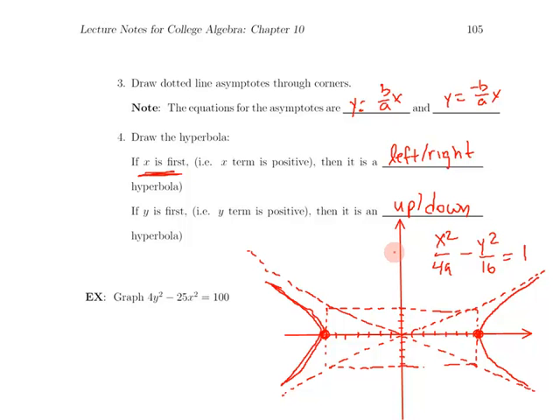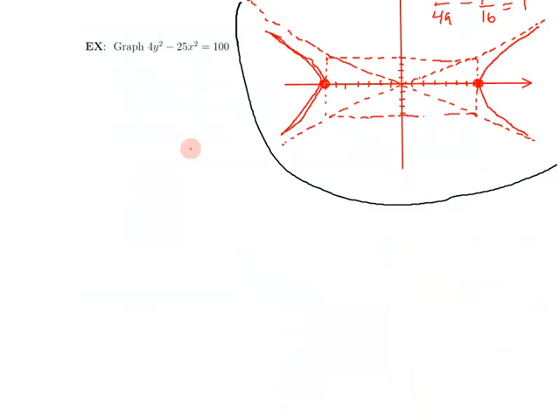Let's do one more example just for practice's sake. In this problem, we have 4y squared minus 25x squared is equal to 100. The first step is we need to get this equal to 1. So I'm going to take everything and divide it, like we did for ellipses as well.